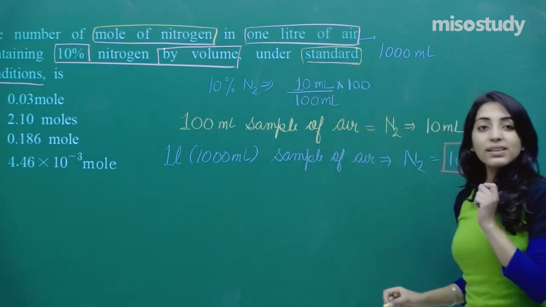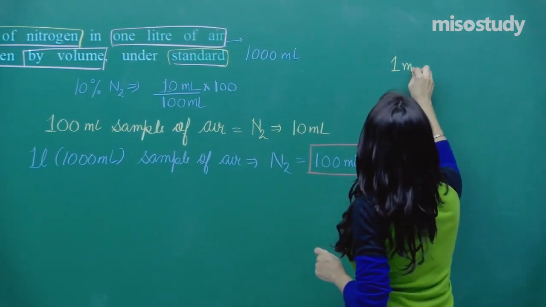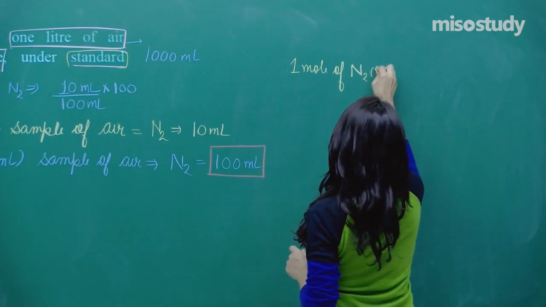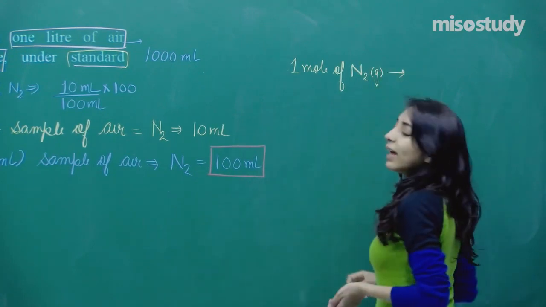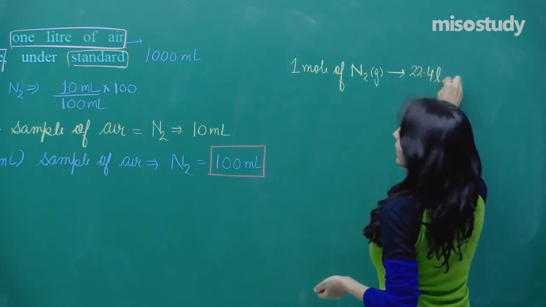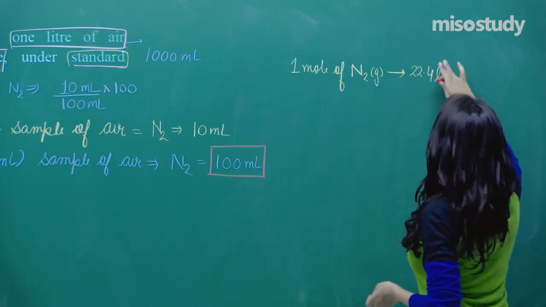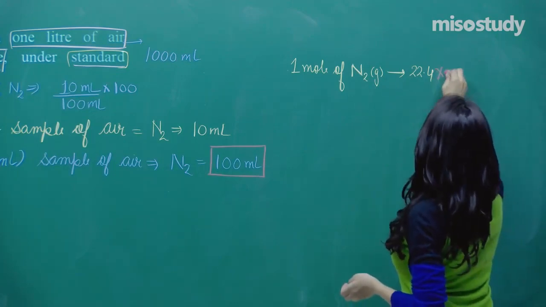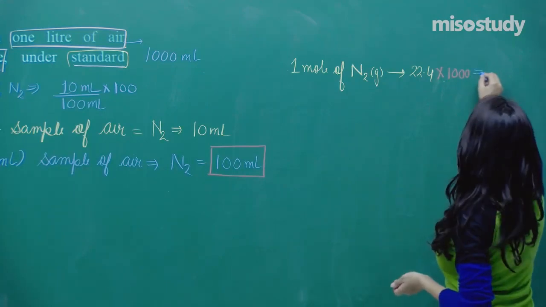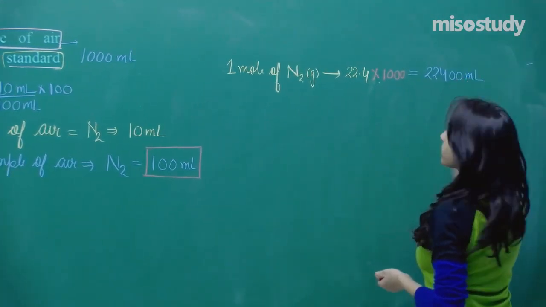So guys, under standard conditions, you know that 1 mole of any gas, let it be nitrogen gas, will have a volume equal to 22.4 liters, right? So if I want to convert it into ml, into 1000, it should be 22400 ml.